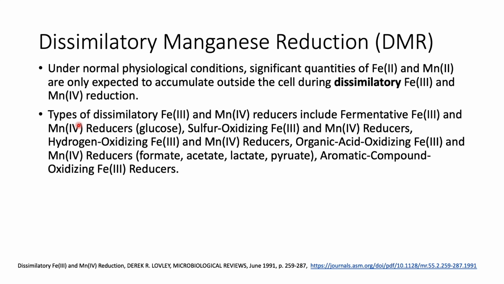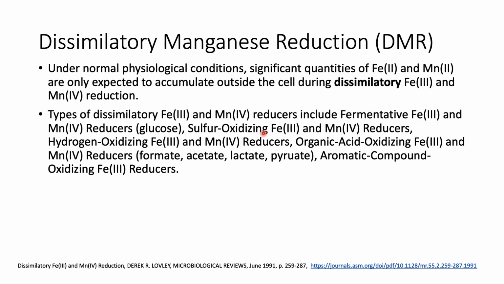The different types of dissimilatory reducers include fermentative Fe3+ and Mn4+ reducers, that is glucose, or sulfur oxidizing Fe3+ and Mn4+ reducers, hydrogen oxidizing Fe3+ and Mn4+ reducers, organic acid oxidizing Fe3+ and Mn4+ reducers, especially formate, acetate, lactate and pyruvate, and aromatic compound oxidizing Fe3+ reducers.